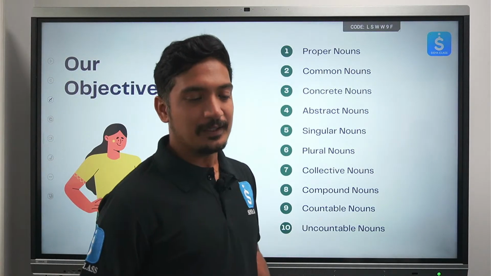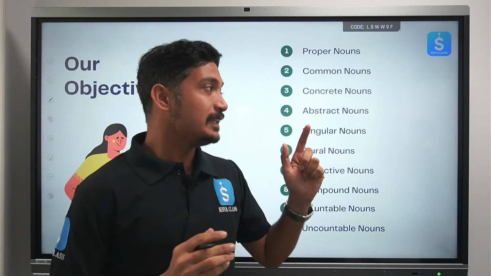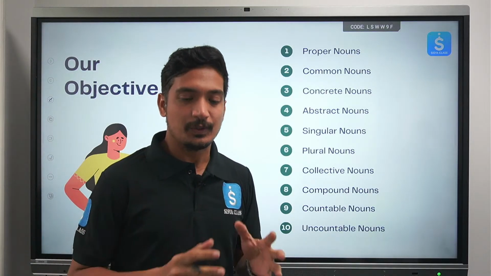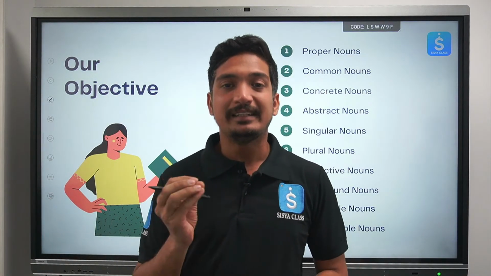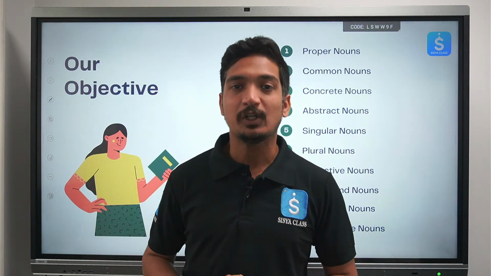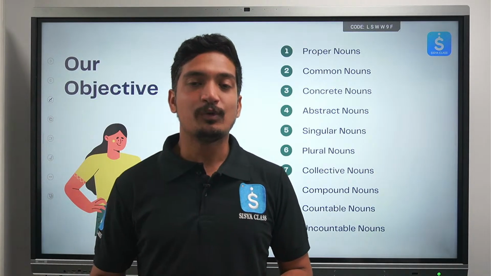Alright, so let's see what the plan is for today's session. No matter how many things you know about noun, this is an exhaustive list of all the nouns that we have. Nouns can be categorized using different criteria, and using these criteria we'll have different types of noun as well. In this video we'll talk about all the different types of noun, and trust me, it will be very helpful for you. Why?